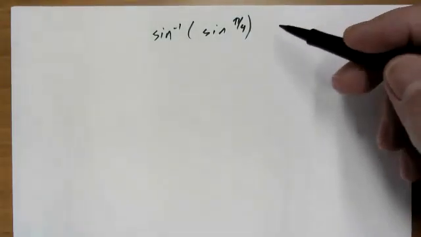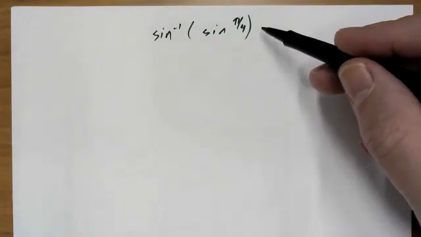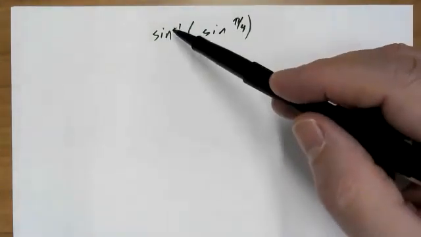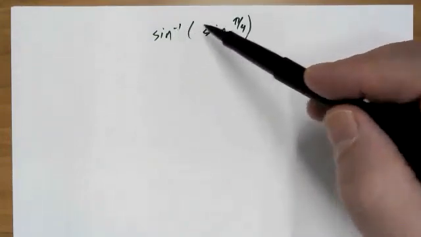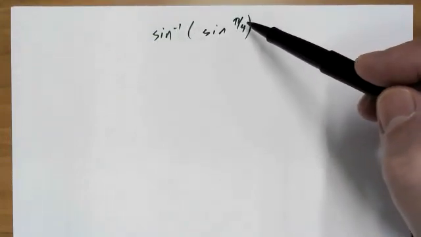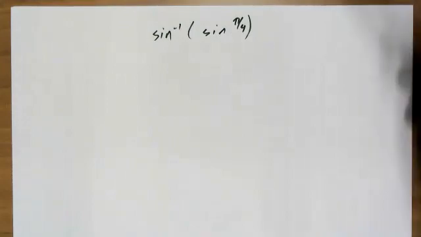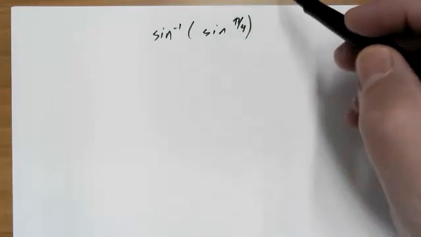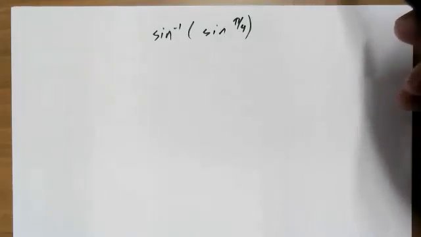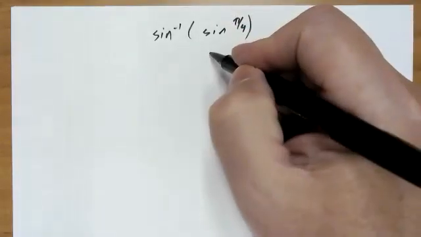Once again, if I could use a shortcut, since I've got an inverse sine and a sine, I'm hoping they'll cancel out and the answer can just be pi over 4. Well, let's do it the long way. Start from the inside out. Sine of pi over 4, from the unit circle, I remember is square root of 2 over 2.